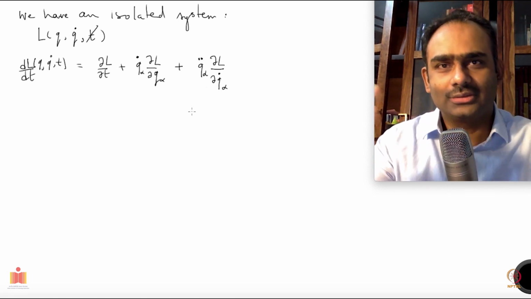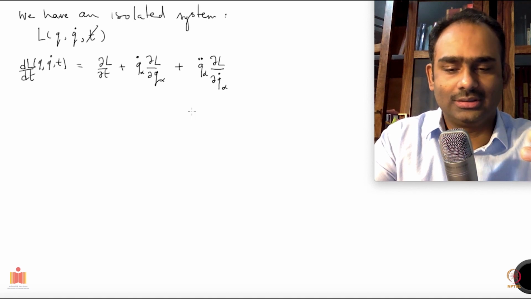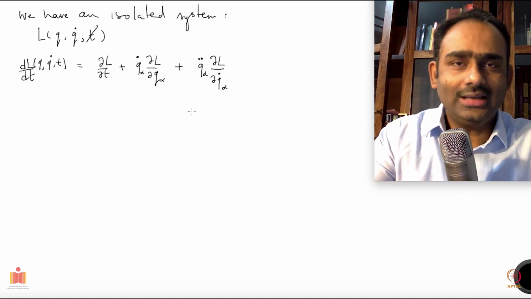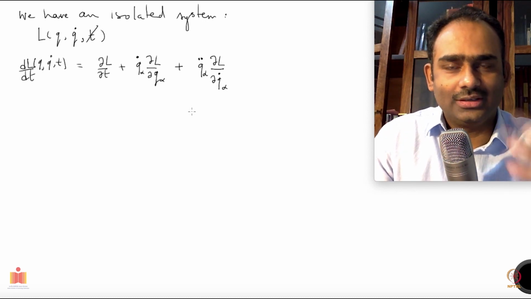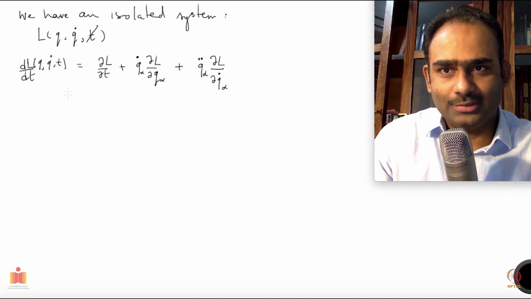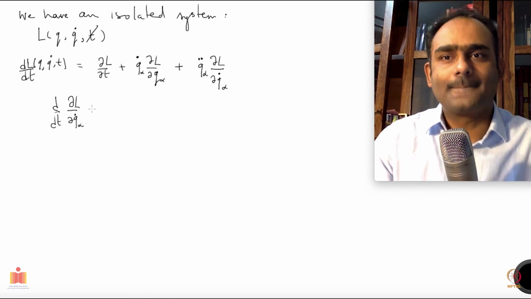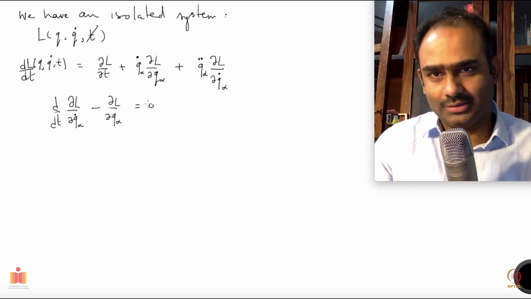Now this relation by itself cannot tell you anything, because I have not put in any information on how the system evolves with time. For that I need to put the equations of motion into this. So I will use the Euler-Lagrange equations here, which say d over dt of del L over del q alpha dot minus del L over del q alpha is 0.